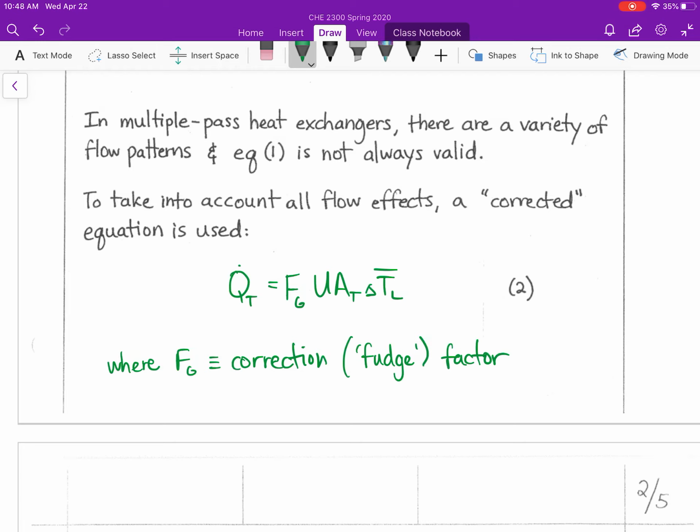The equation again is analogous to equation 1, except for this additional correction factor that is there to account for the flow effects that occur when we have multiple pass heat exchangers. Then the question becomes, how do we determine that correction factor?